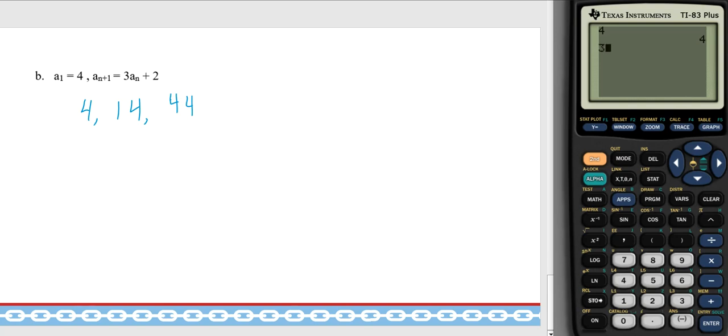And I can go 3 times, and then that negative sign key gives me the previous answer option, and then plus 2. And there they are. Those are my first 5 terms of that sequence.